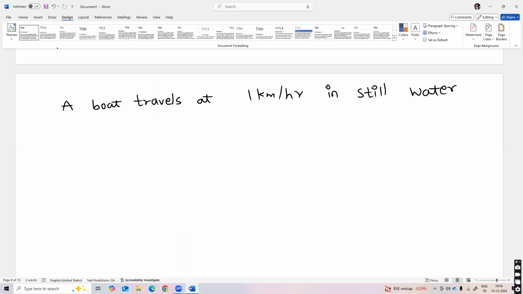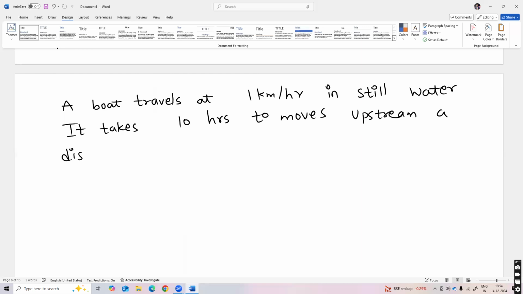It takes 10 hours to move upstream a distance of 5 kilometers. Find the speed of the river.